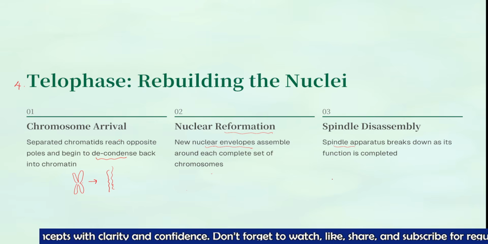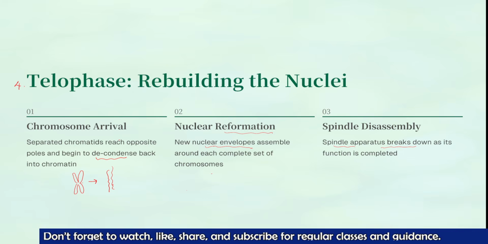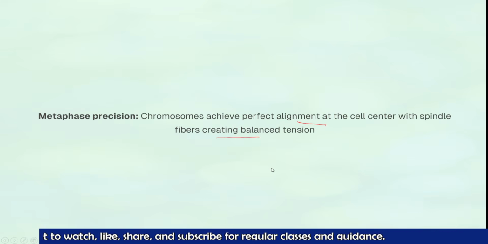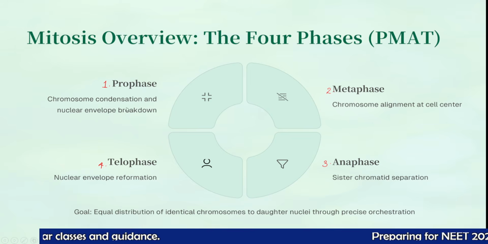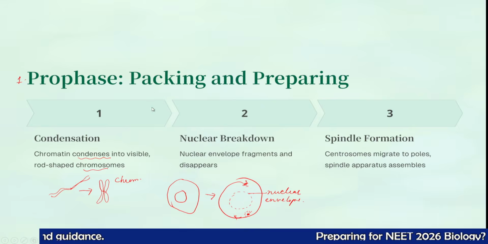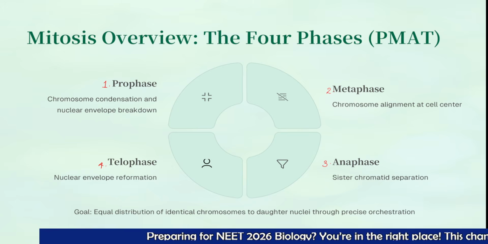So the spindle fibers slowly break down and disappear during telophase. These are the four phases under karyokinesis. Remember, mitosis has karyokinesis and cytokinesis. Karyokinesis is again divided into four phases: prophase, metaphase, anaphase, and telophase. I hope this part is clear for all of you.